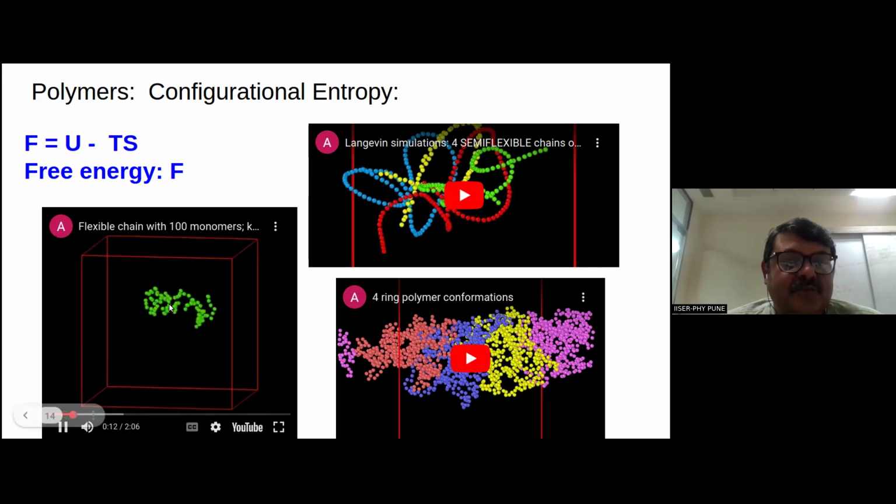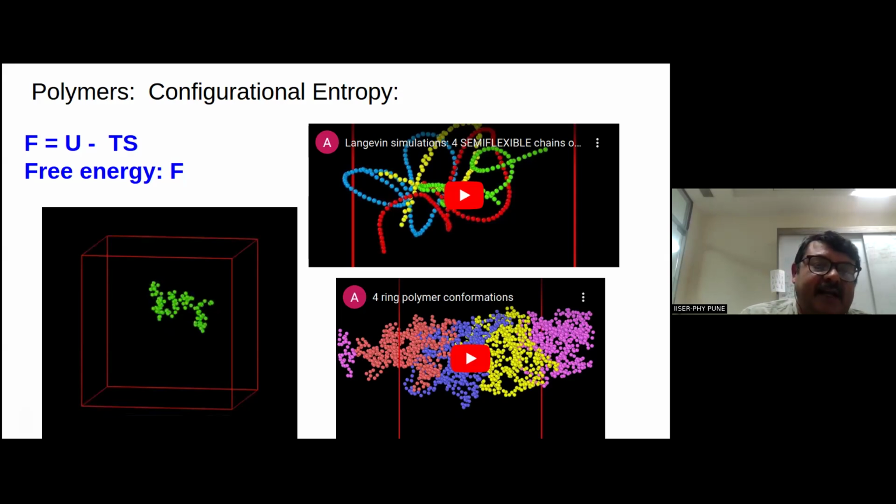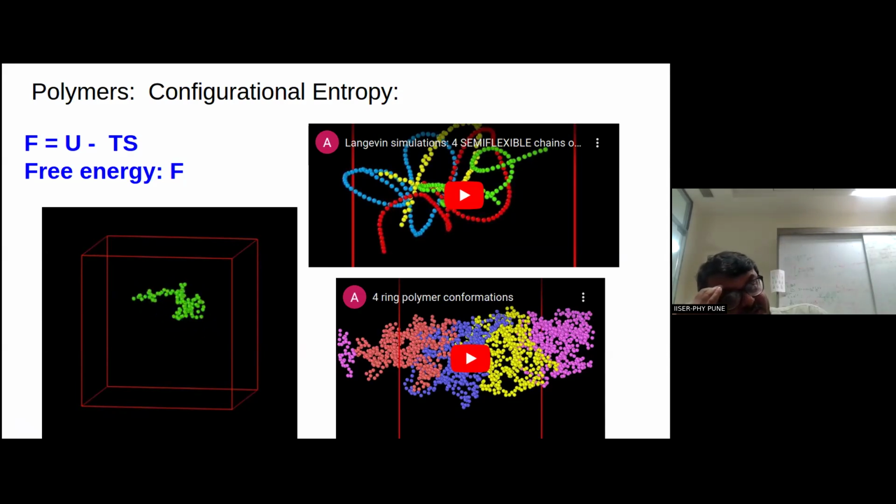As a consequence, the actual energy of interaction between monomer and monomer is small, they hardly touch each other. Only if they touch each other is there a repulsive interaction, and they're not allowed to overlap, right? It's rather weak. But this polymer has a large number of microstates, a large number of configurations, a large number of conformations, which is related to a large number of microstates.